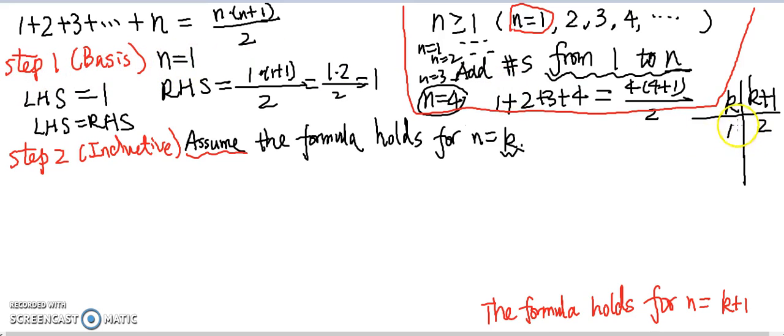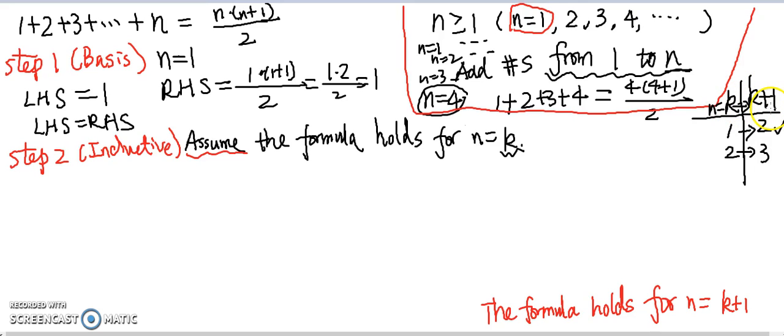Since we already proved the formula holds for 1, by using step 2, the inductive step, if the formula holds for 1, then the formula holds for 2. And we can keep using the inductive step. Since the formula holds for 2, we go back to use the inductive step again, which says if the formula holds for 2, then the formula holds for 3, because we know if the formula holds for k, then it holds for k plus 1.